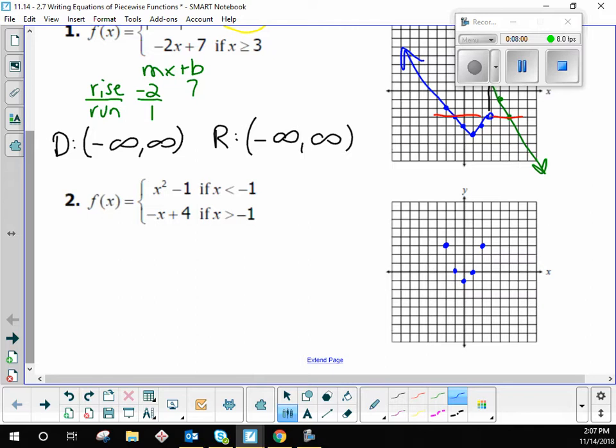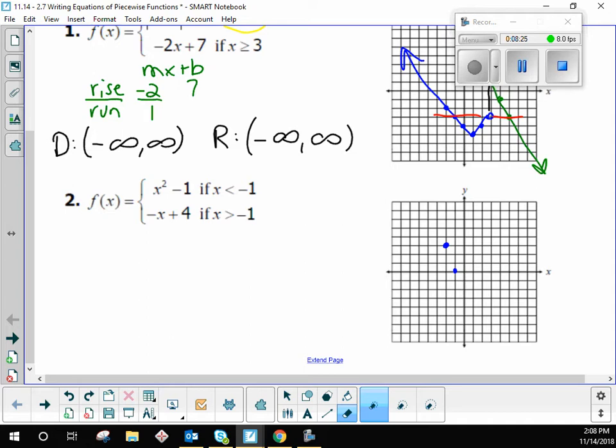So now I'll look at the domain restriction and see if I need to either add points or which ones I have to erase. So for this transformed function, I need all the x values that are less than negative 1. So to the left of negative 1. So I find where negative 1 is. It's right here. I'm keeping everything to the left. So I'm erasing everything to the right.